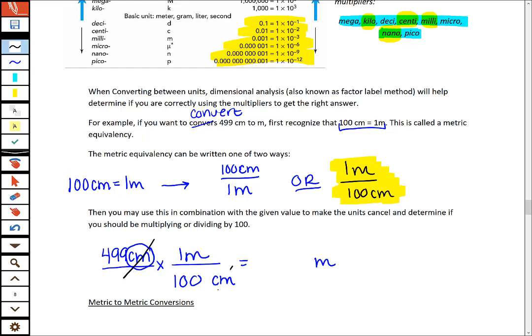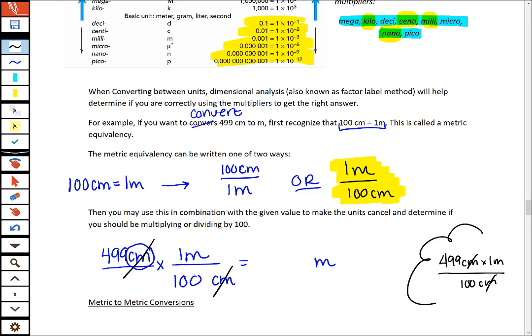Now our centimeters have canceled out, because this is essentially like saying 499 centimeters times 1 meter divided by 100 centimeters. Your centimeters cancel. Centimeters divided by centimeters is 1. So now you're left in units of meters.